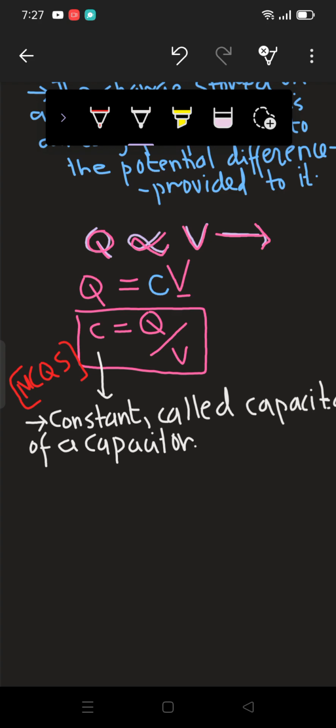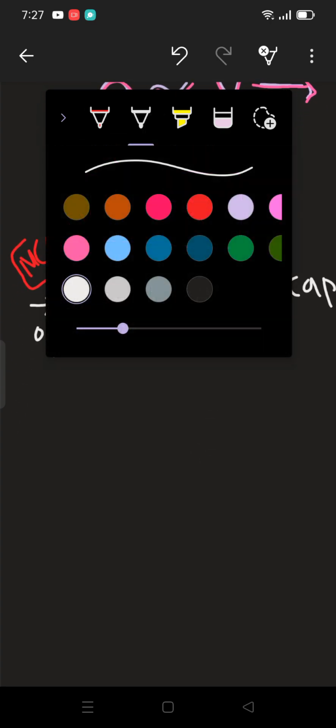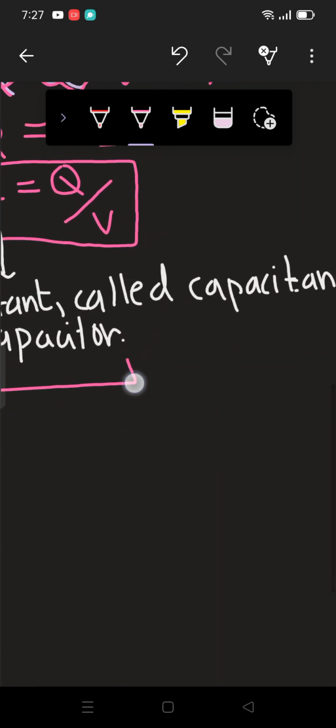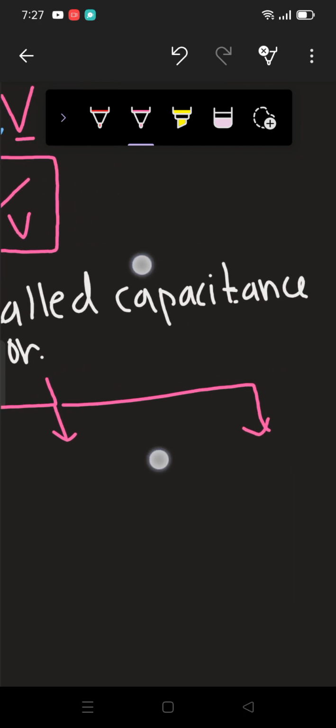It depends on three things: the distance of the plates, the area of the plates, and the material of the medium, right? What does it depend on? It depends on three things.